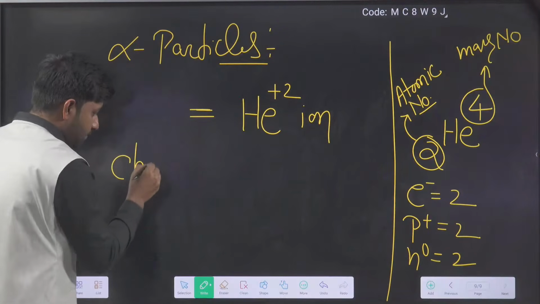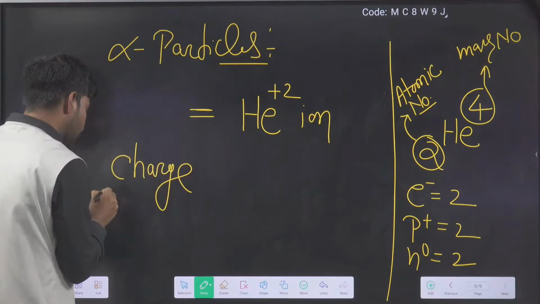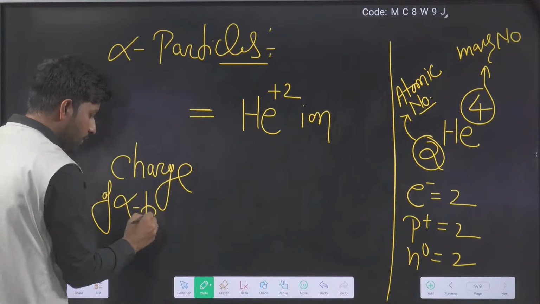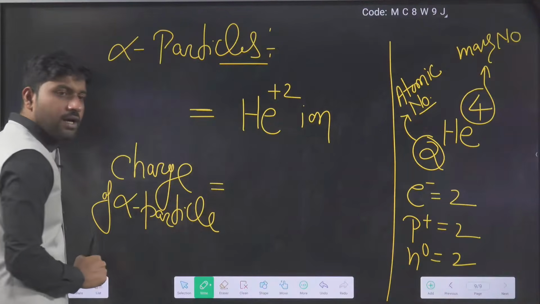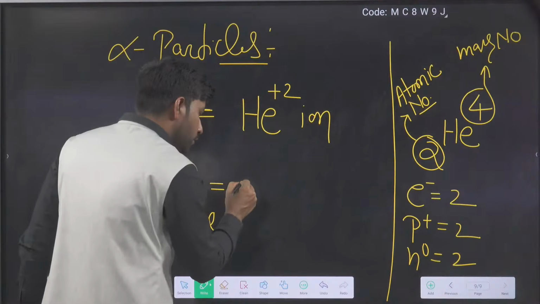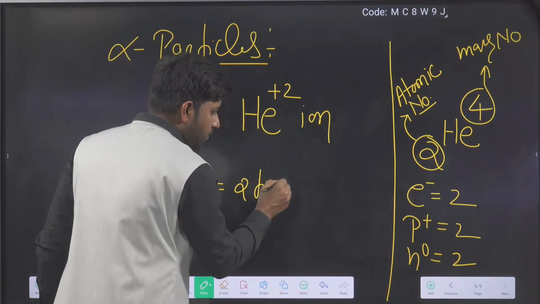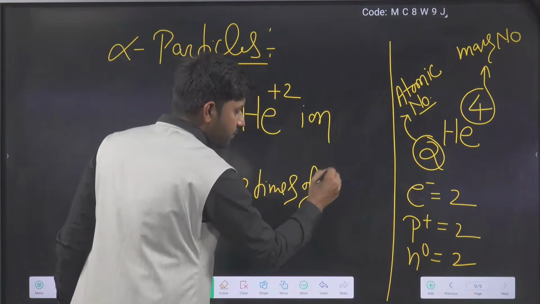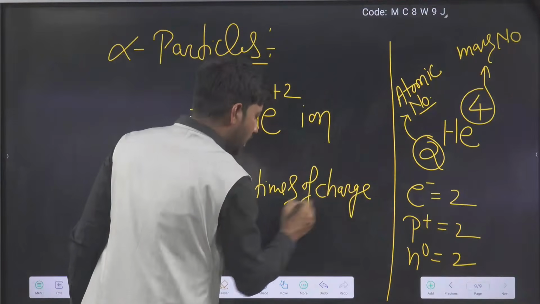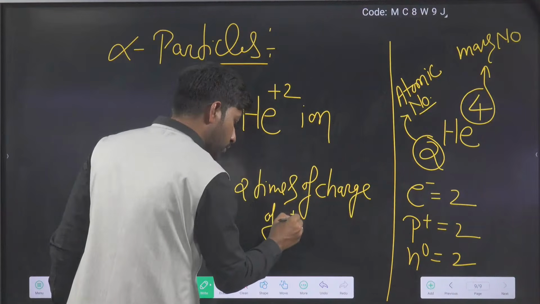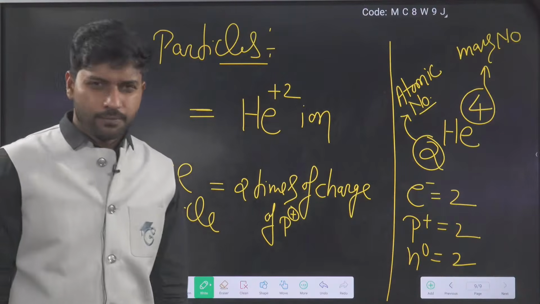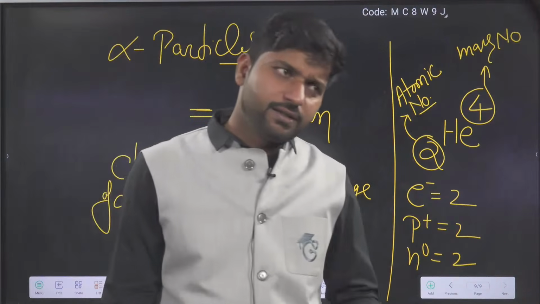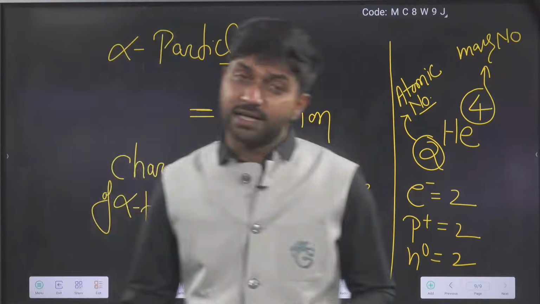Charge. What is the charge of the alpha particle? Then you will say the alpha particle charge is 2 times the charge of proton. Just double. Because proton has +1 and alpha particle has +2.